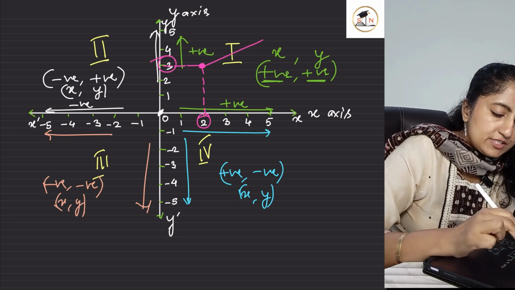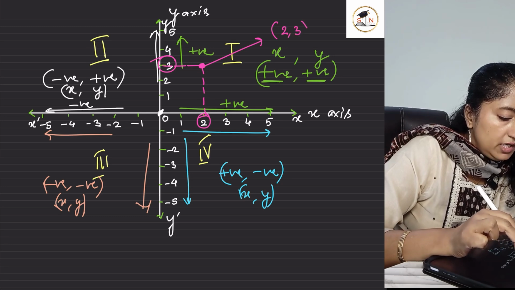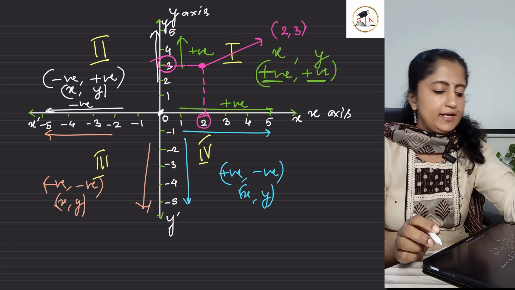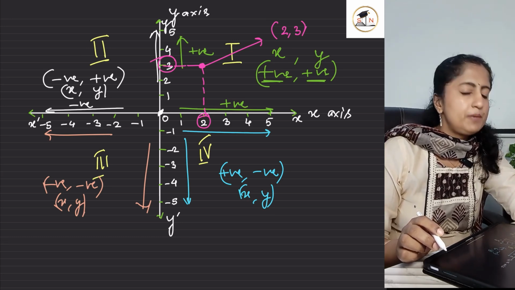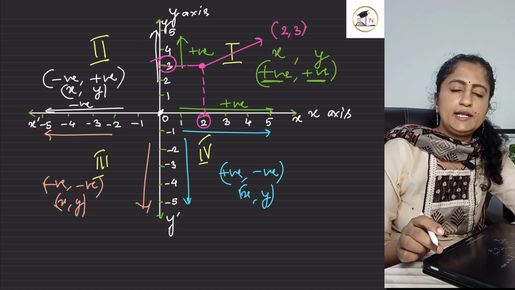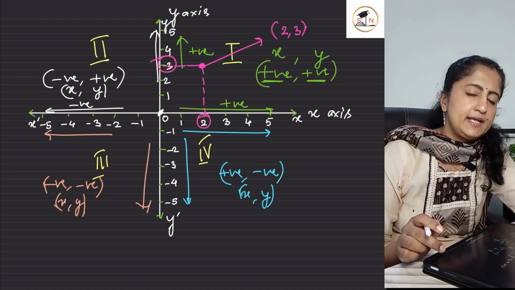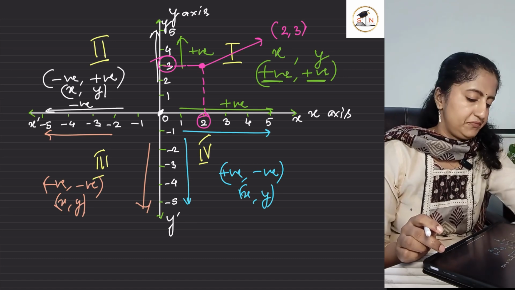So what are the coordinates for this point? It comes out to be 2, 3 because the point had two points on the x and 3 points on the y. And as I told, whenever we write a coordinate, the first component is always x, the second component is always y. Okay.